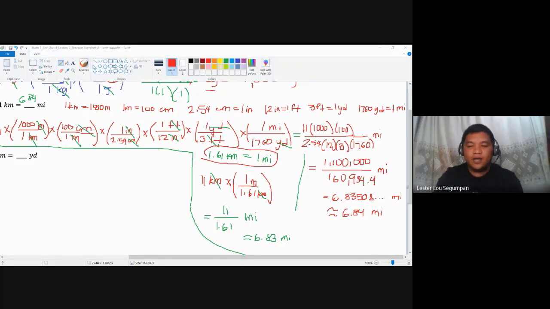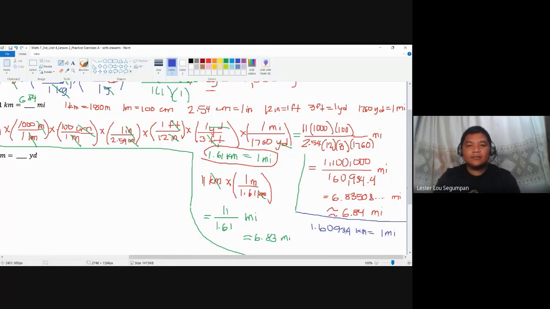It's up to you which we will use, but let us try to use the better one. This 1.61 came from, sorry, it took a very long time for number two, this is actually 1.60934 approximated kilometers is equal to 1 mile.